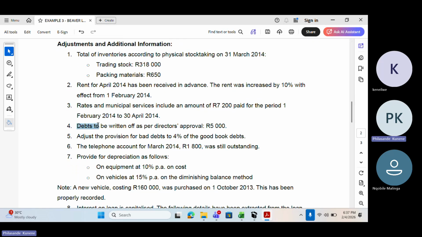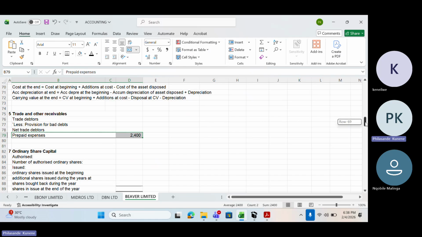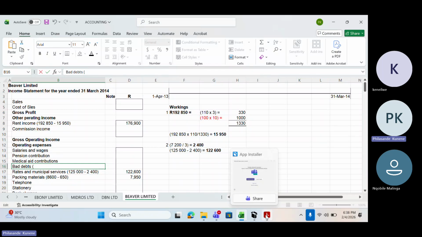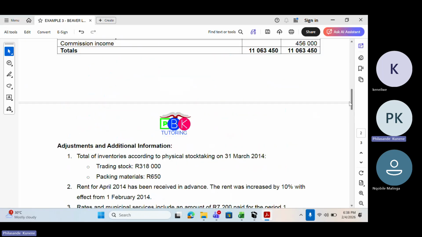Number 4, they're saying here, debt to be written off as per director's approval. It's 5,000 rand. So this is an additional debt that has to be written off. So I'll go to my bad debt in the income statement. I need to go to my trial balance first. How much bad debts do I have there, and I need to add 5,000.